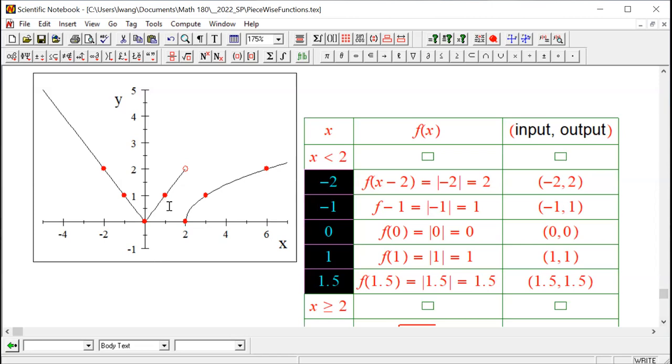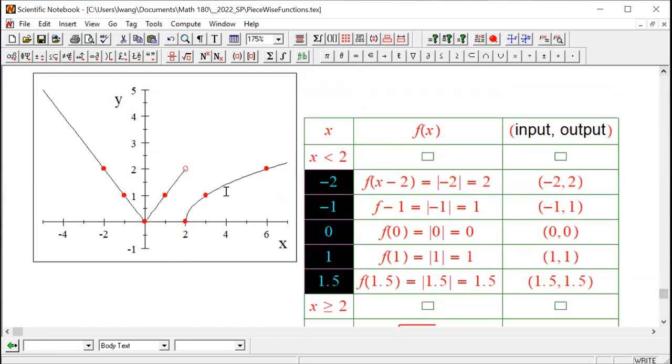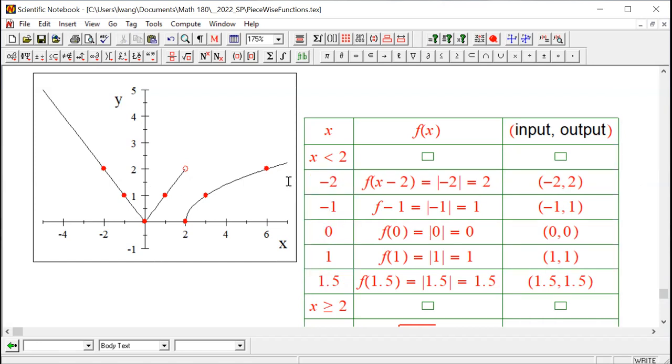So we have 2 pieces of rule here, and that's how we get this picture. Of course, this is not the only way to do it, but one thing is certain: after you graph the function, you have to make sure it passes the vertical line test.